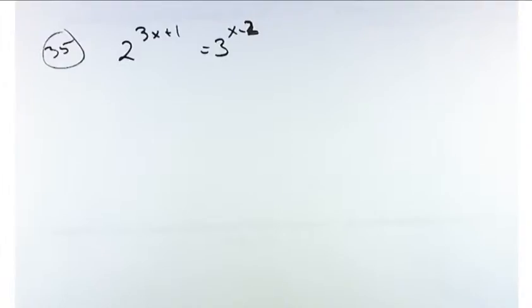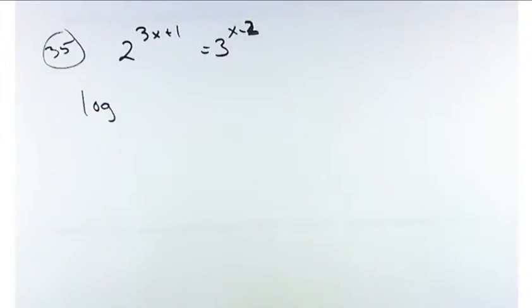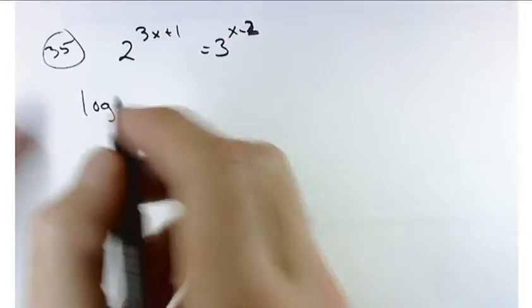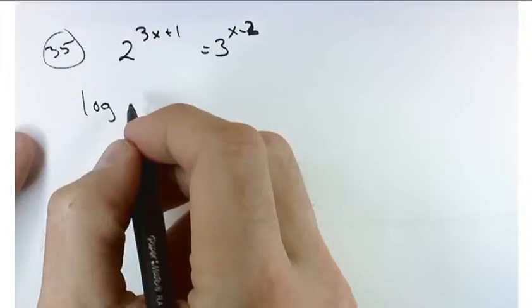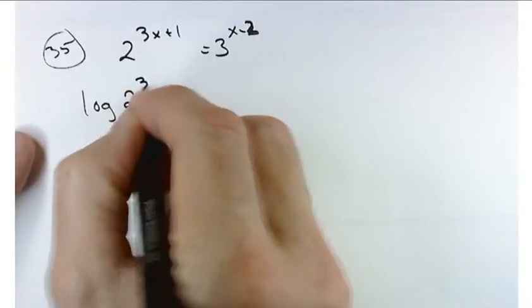So, pretty similar to what we just did. Start out by taking the log on both sides. Now you can, if you want, try and play around with log base 2 or log base 3, but in the end, you're still going to be stuck with the log of something. You're not going to be able to get everything to cancel out. So I'm just going to use log base 10.